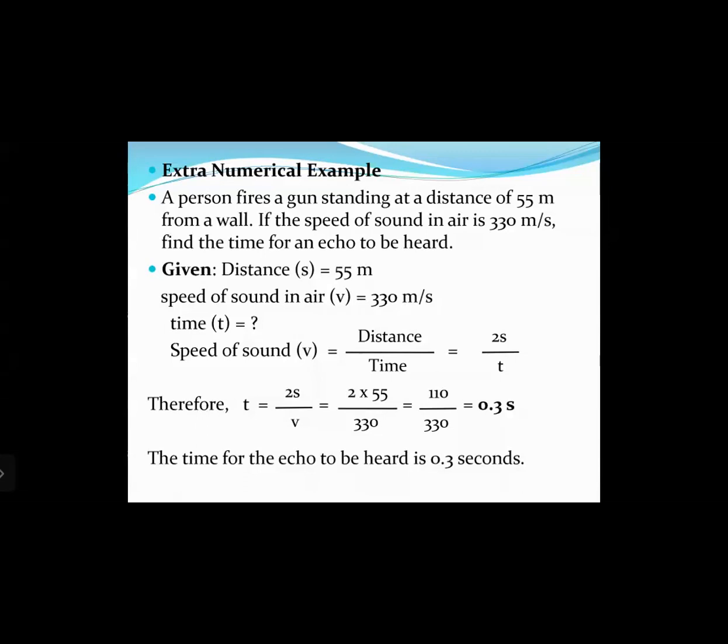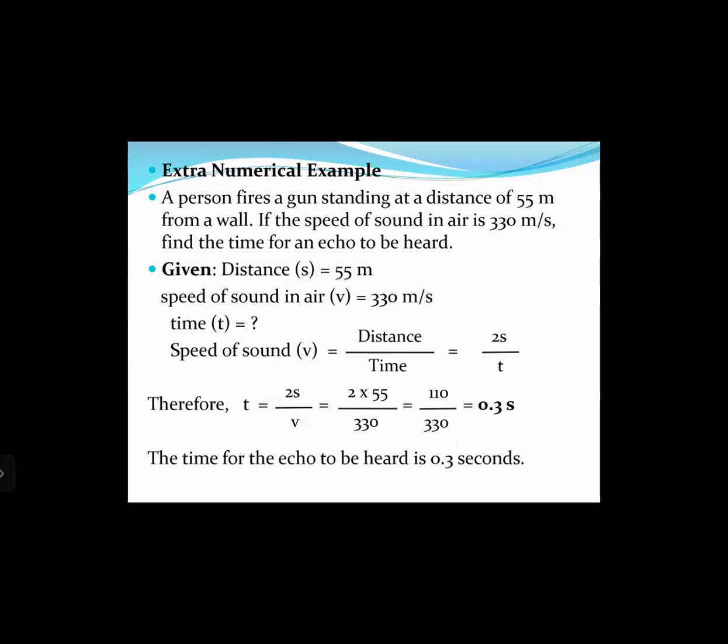So therefore, the time t required is equal to 2s upon v. That is 2 into 55 divided by v, the velocity, that is 330 meters per second. That comes down to 110 divided by 330, that equals 0.3 seconds. Right? So the time for the echo to be heard when the gun is fired is 0.3 seconds.